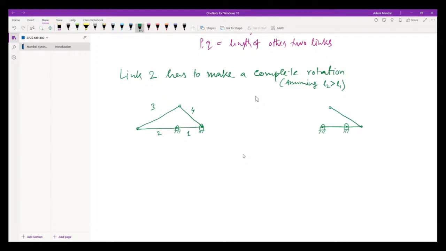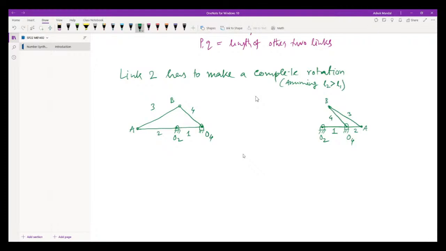Now that depends on its length. And link 4 is this one. So this is link 1, link 2, link 3, and link 4. Now let us give some names. So this is O2, O4, and A, B.